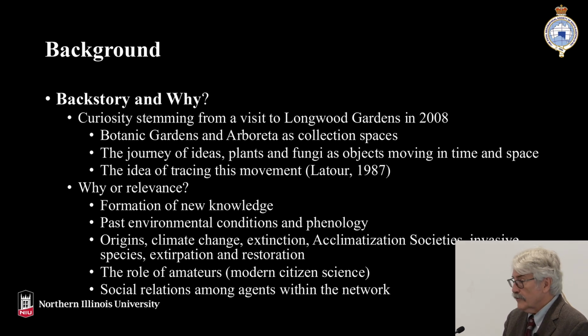And people ask me, why are you doing that? There's more important things to look at. But this way we can get at looking at the formation of new knowledge, how it's formed, and past environmental conditions. People write about what it was like in these places 200 years ago, what kinds of soils, what kinds of plants we had in this area, and so forth.